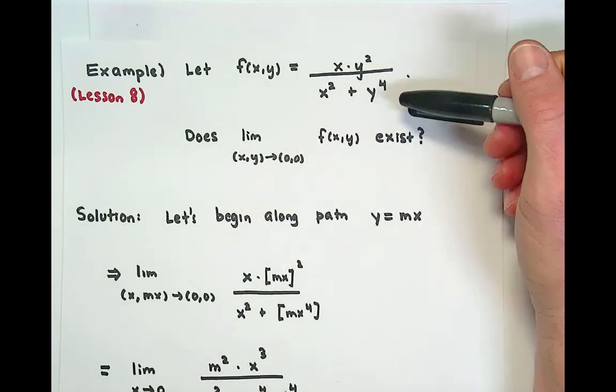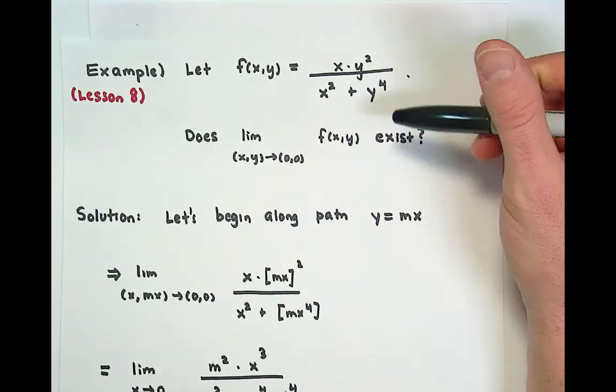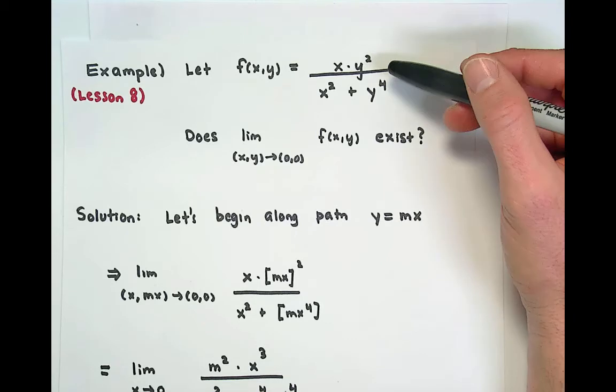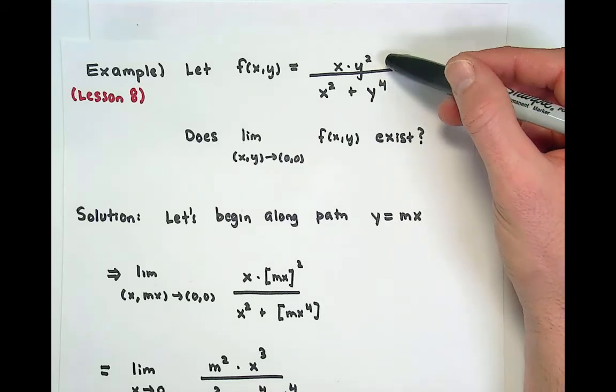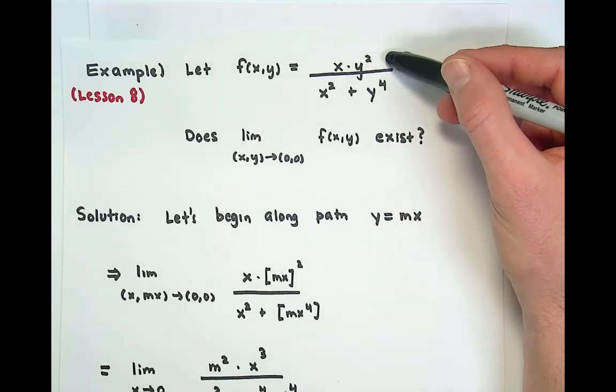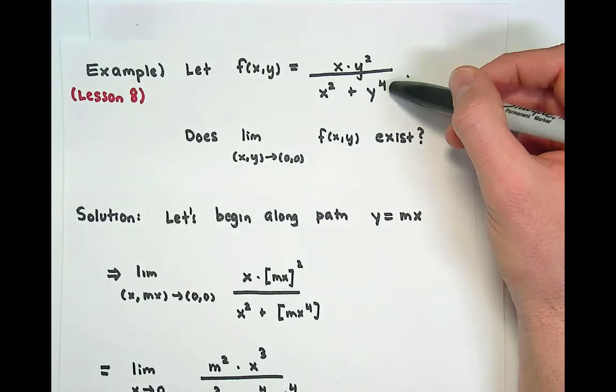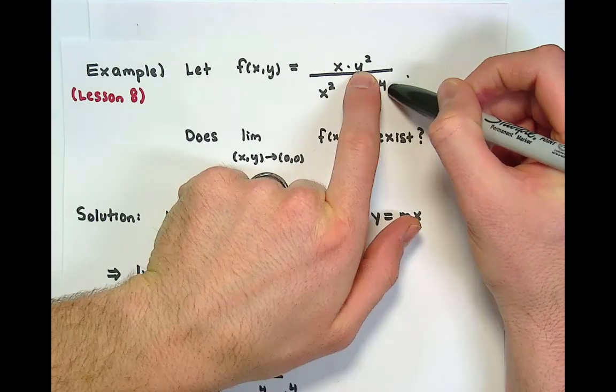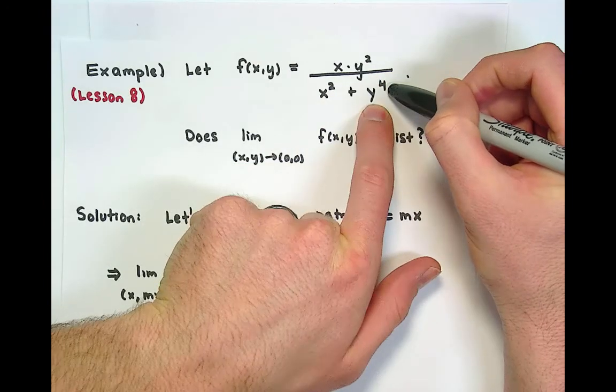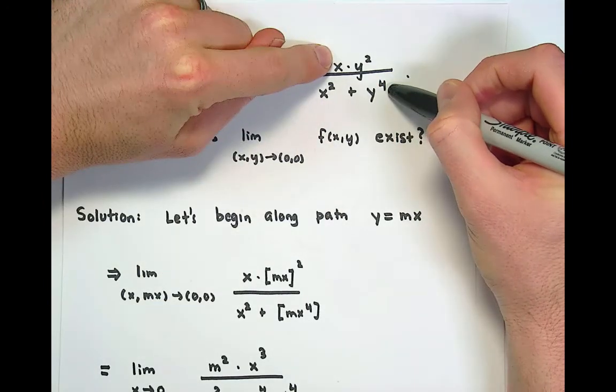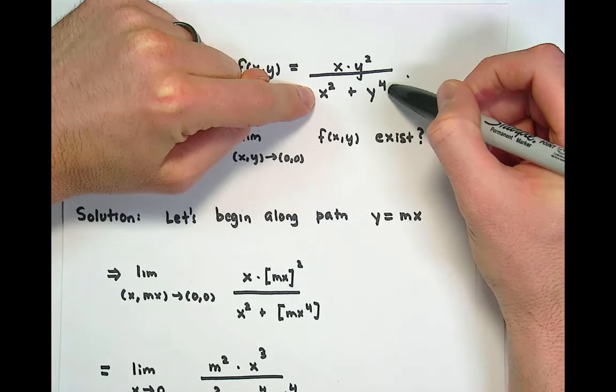If I was going to do a parabola, I would want a factor of the variable I'm trying to get it in terms of, both on the top and the bottom. Notice here I have a y squared, here I have a y to the fourth, here I have an x, and here I have an x squared.